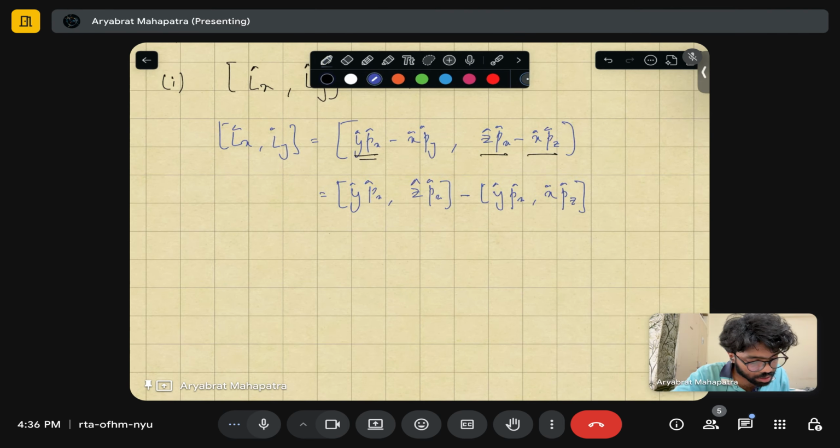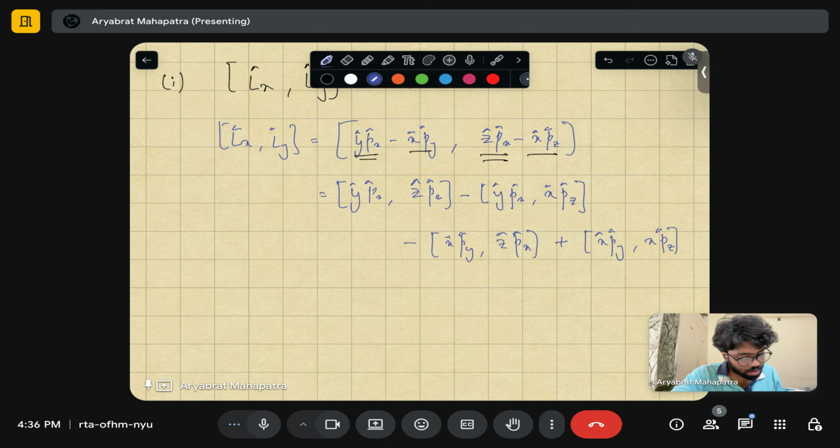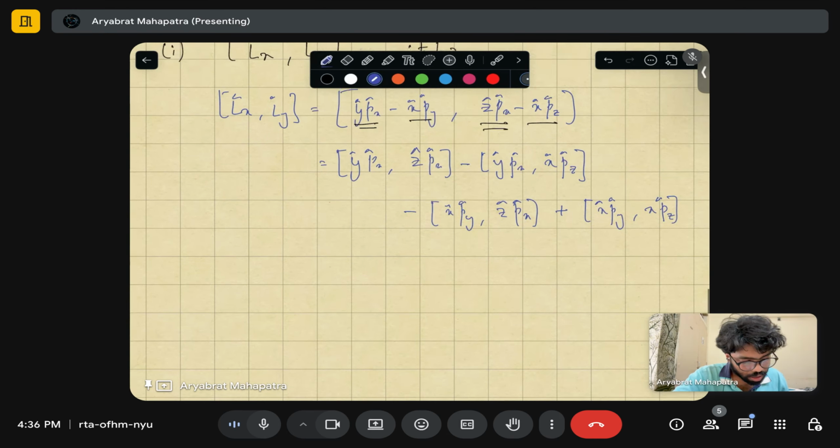Then you take this and this, that will give you minus XPY ZPX, and then the last ones, which will give you plus of XPY and XPZ, right?